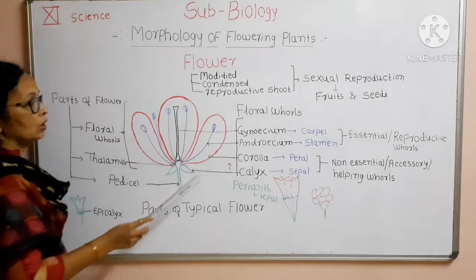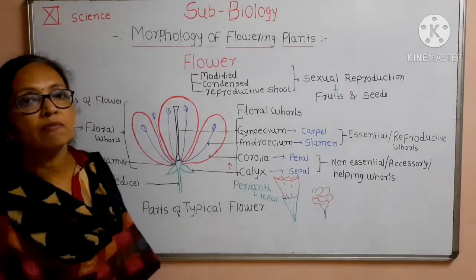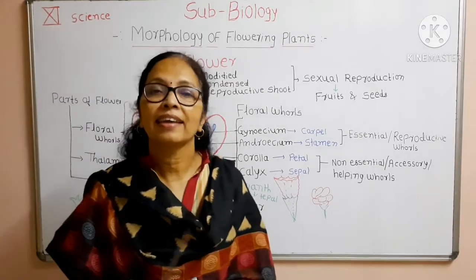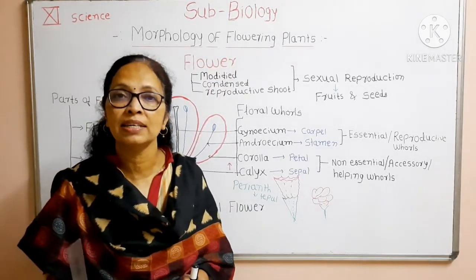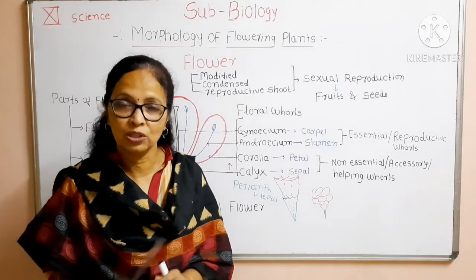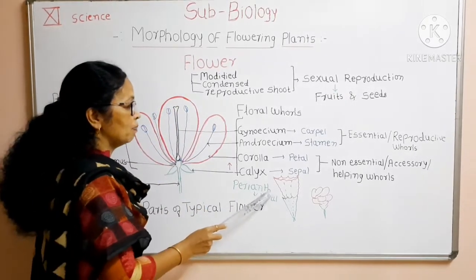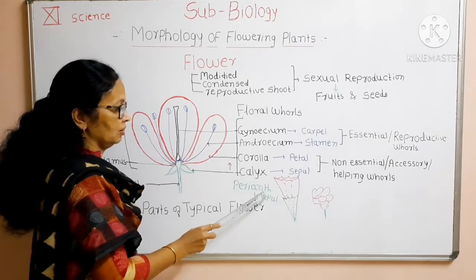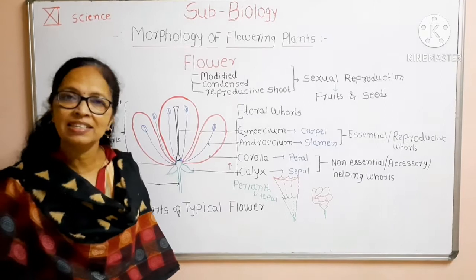So this is about the corolla. Then in some flowers, the calyx and corolla are not morphologically separate. They are fused and form one structure. These are called the perianth. Generally, the perianth is present in monocots.